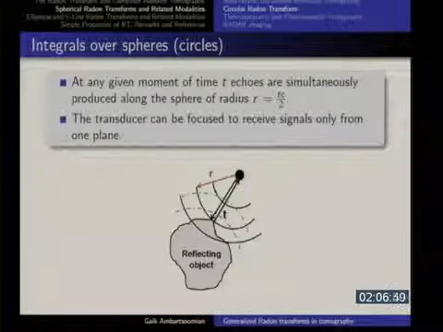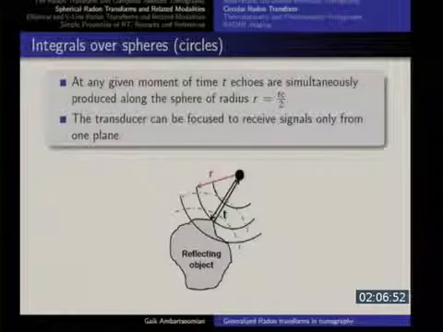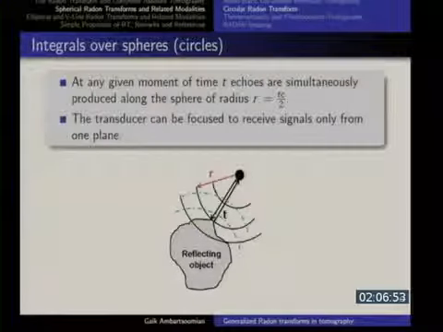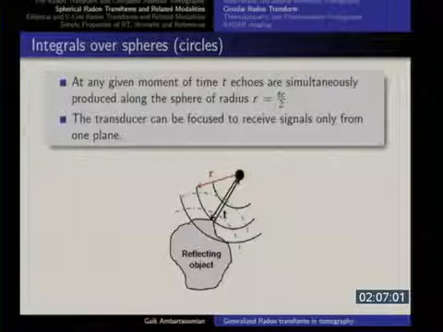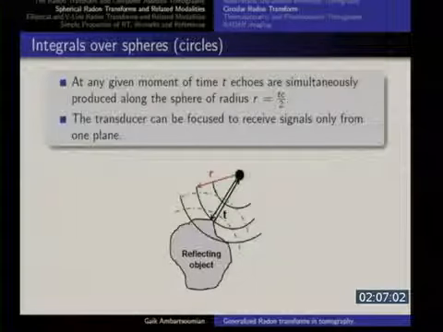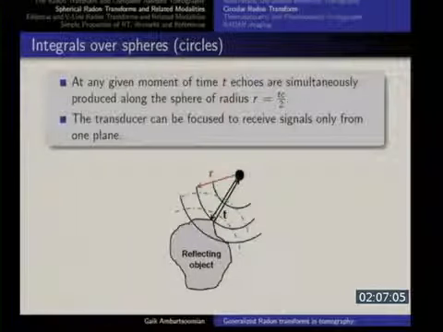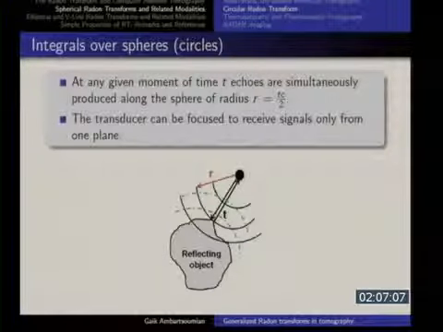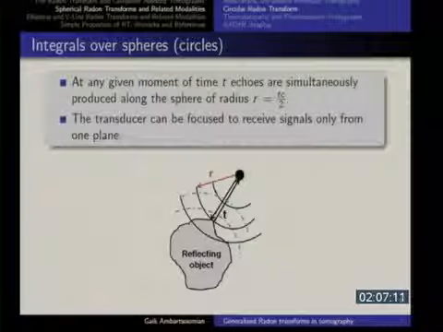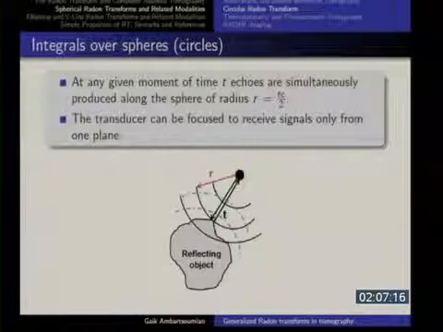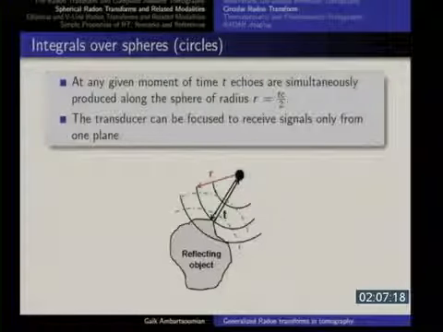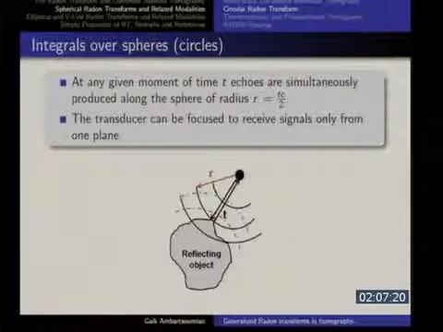And if you have a continuum of such things, then what you're really measuring is the integrals of this reflection coefficient along points that are at the same distance, which in 2D would be integrals along circles, in 3D would be integrals along spheres. There is a way to get the same thing. If you honestly write down the wave equation and do your math, you will see these integrals along spheres in a very rigorous way. I just wanted to give you some sort of hand-waving feeling of where these integrals along spheres come from.